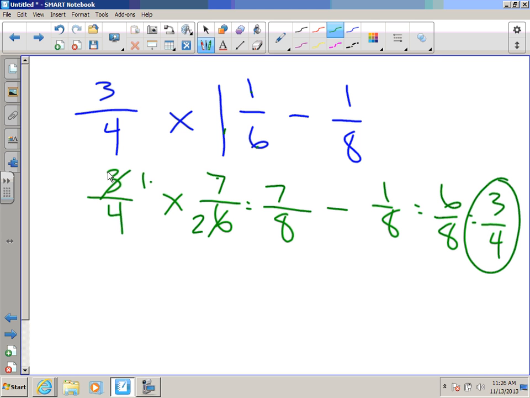So really, what are these problems, they're having you do at least 2 problems within the one. So we did this one, where we got the 3/4 times the 7/6, and we got 7/8. Then from there, we took the 7/8 and subtracted 1/8 and got the 6/8. So we did 2 problems in one. Okay?